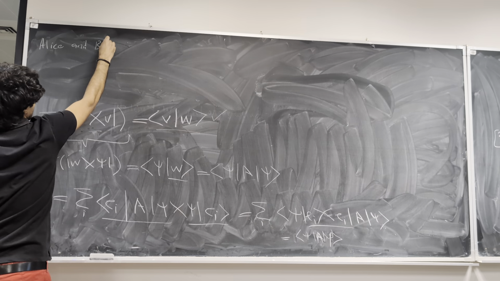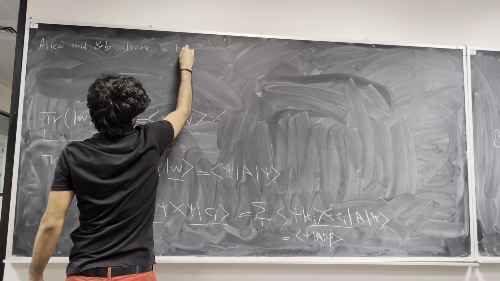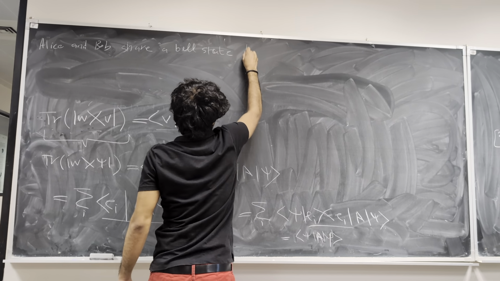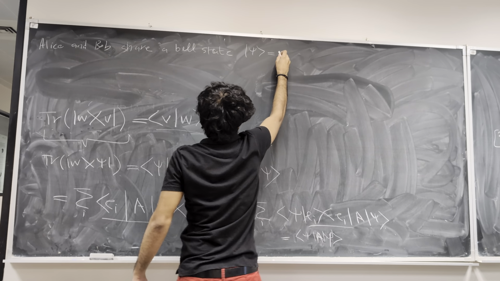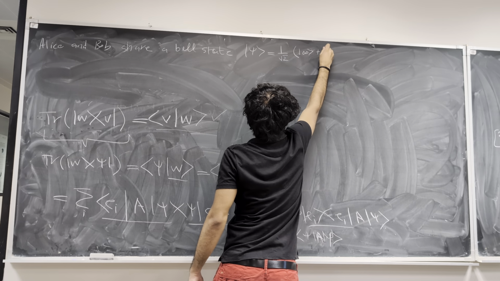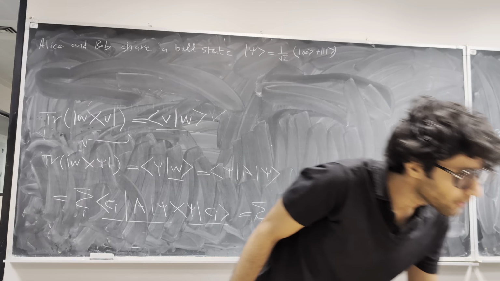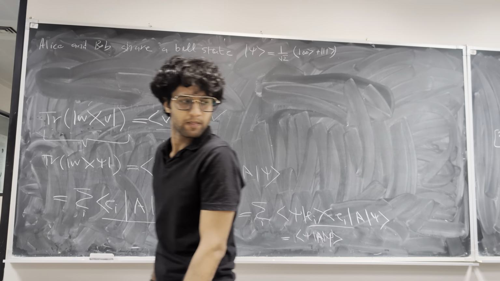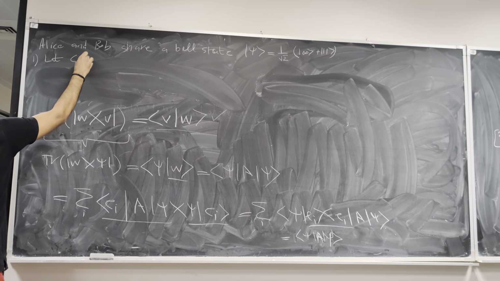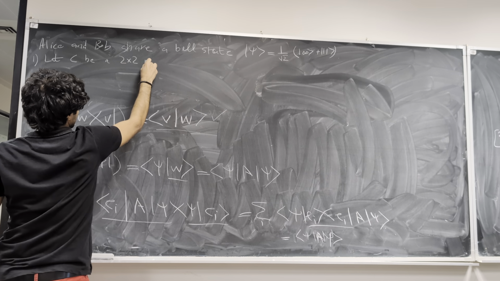Alice and Bob share a Bell state, psi equals 1 over square root of 2 times (|00> plus |11>). Let C be a 2 cross 2 matrix.